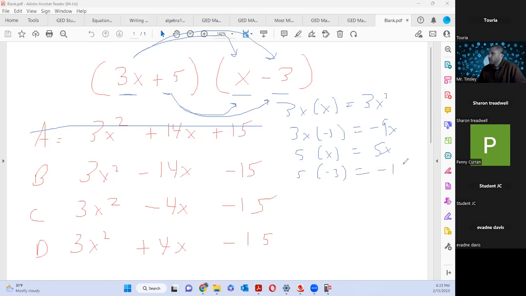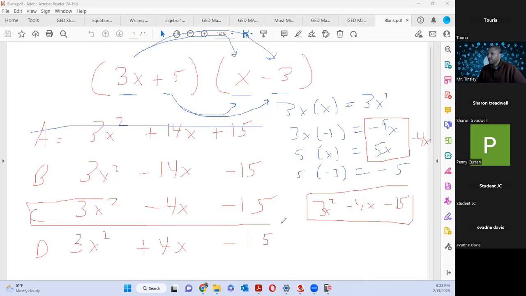Do we have any like terms? Yes, negative 9x and 5x. So what is minus 9 plus 5? Negative 4x. So we get 3x squared minus 4x minus 15. So if you select this, C, you will be correct.